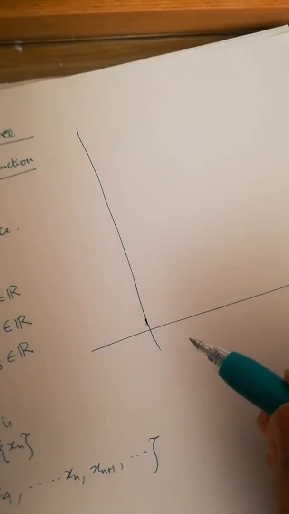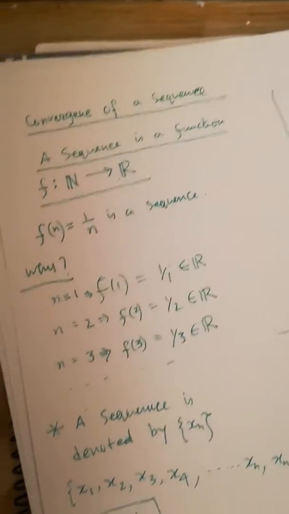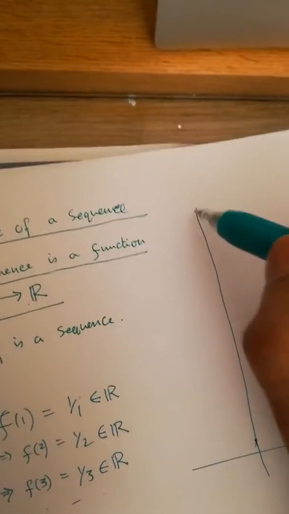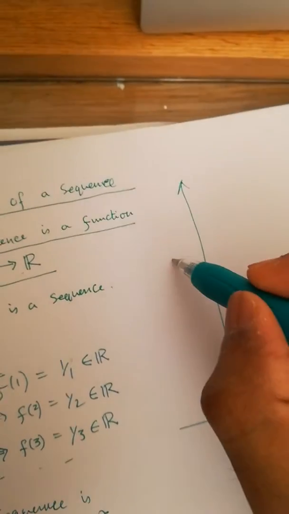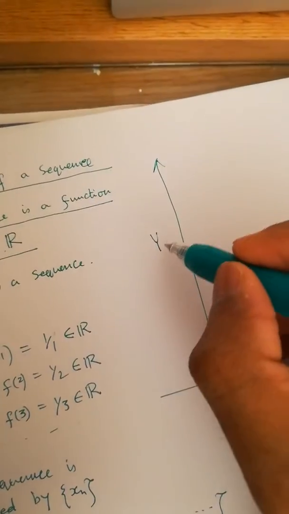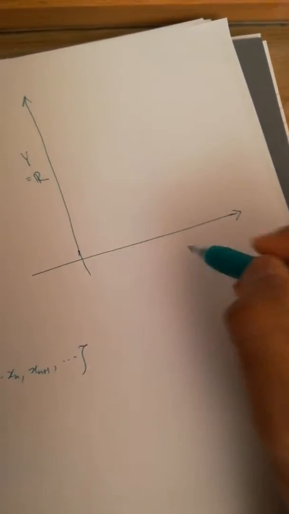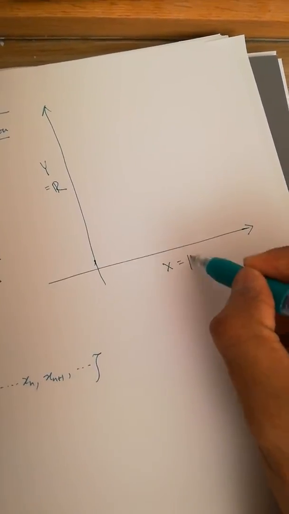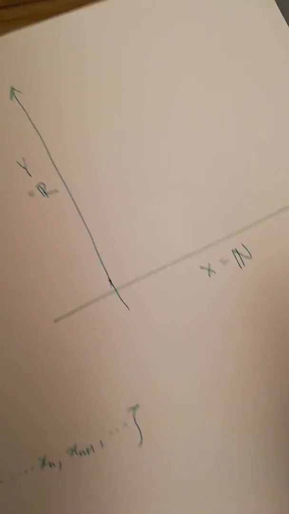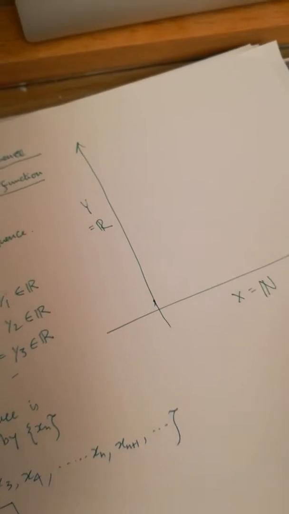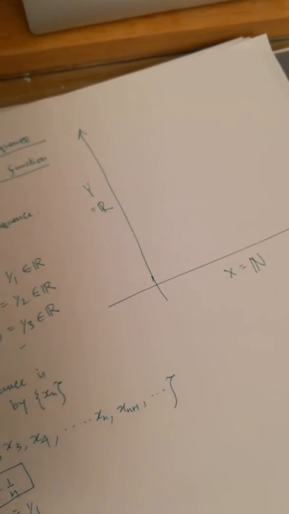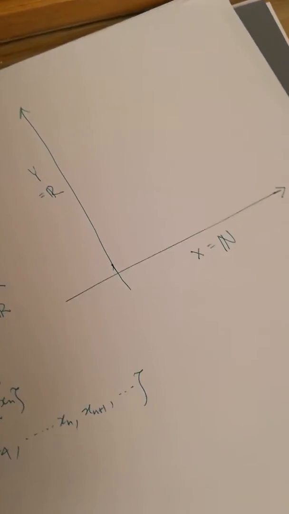So if you draw the 1 by n sequence, this is your y axis or real number axis, and this is your x axis or n axis. Just like we are getting every day coronavirus updates, right?